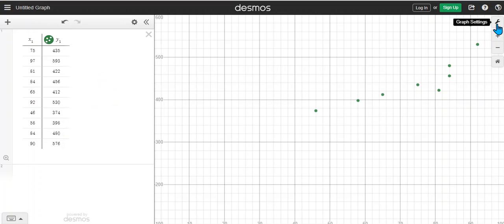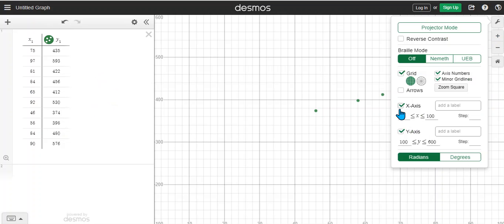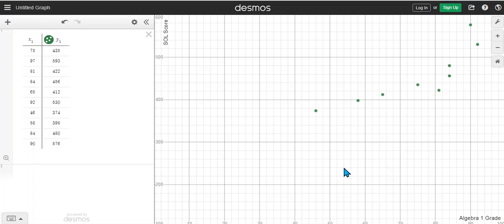So going back to graph settings, next to the x-axis, I can put algebra grade. And then next to the y-axis, I can put SOL score. Okay, and then those labels end up right there on my axes.